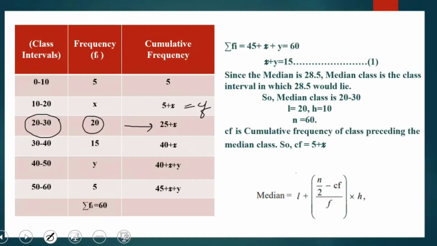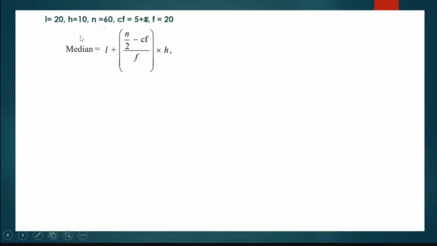So this becomes the F, the frequency of the median class, and I can put the values using L equal to 20, H equal to 10, N equal to 60, CF equal to 5 plus X, and F equal to 20. In this formula, I get 20 plus (30 minus (5 plus X)). Now, putting this bracket is very important because if you don't put this bracket, you're bound to make a mistake.